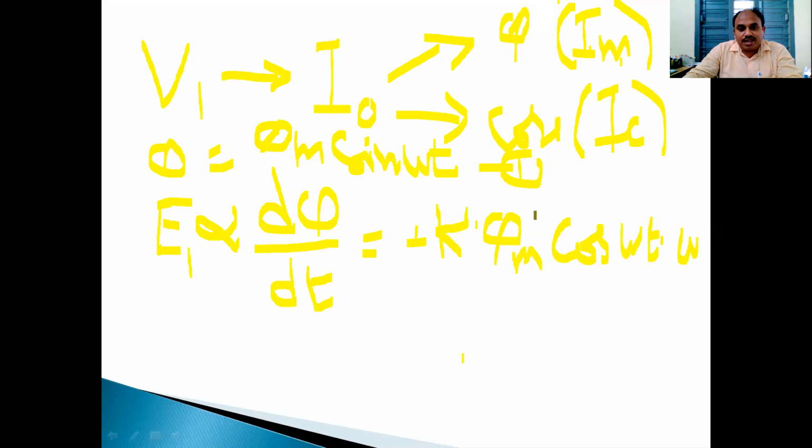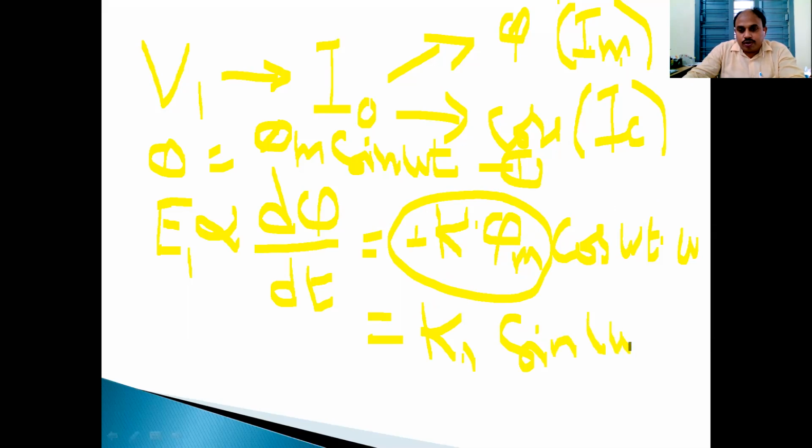So there exists a phase angle difference between sin omega t and cos omega t, which is 90 degrees. The cos term is written with the total constants as a new constant k1. This cos omega t is represented as sin of omega t minus 90.